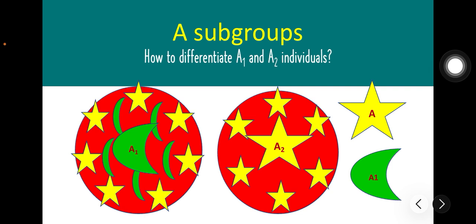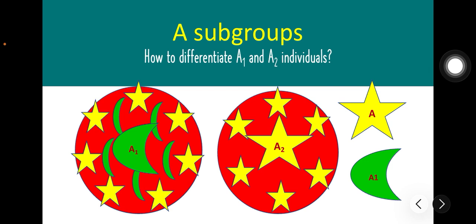Now, how are we going to differentiate A1 and A2 individuals? Both A1 and A2 individuals look identical in routine testing because their red blood cells react strongly, again 3 plus to 4 plus with standard commercial anti-A. The primary way to tell them apart is by using a specialized reagent called anti-A1 lectin, which is extracted from your Dolichos biflorus.